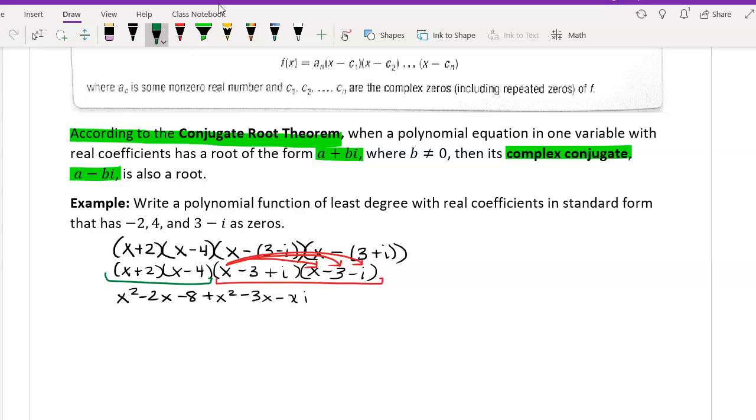All right, and then we have -3 times x gets us -3x. -3 times -3 gets us that +9. -3 times -i gets us +3i.